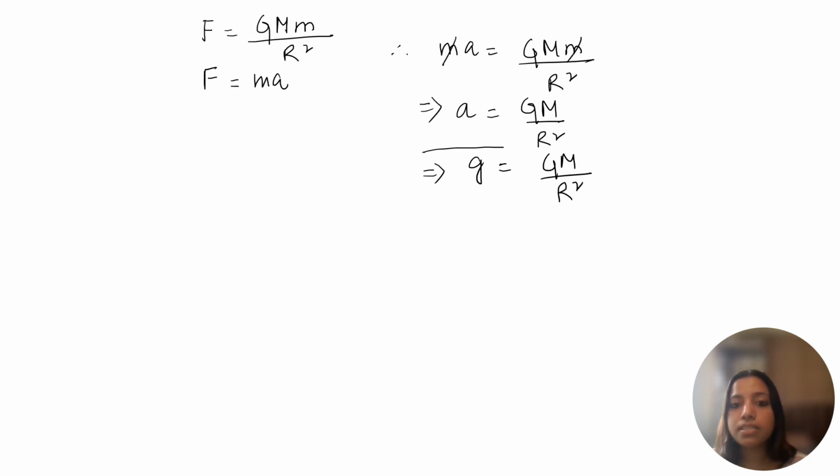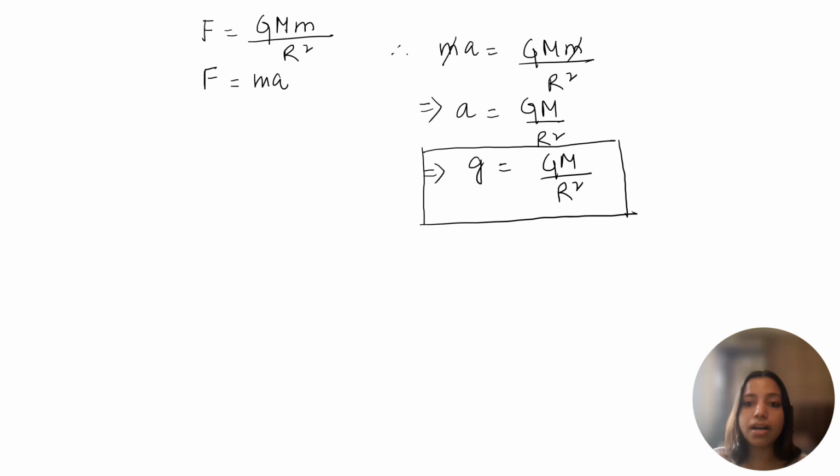From this equation we got to know that acceleration due to gravity only depends on the mass of the earth, because capital M is the mass of the earth, capital G is the gravitational constant, and r is the radius of the earth.